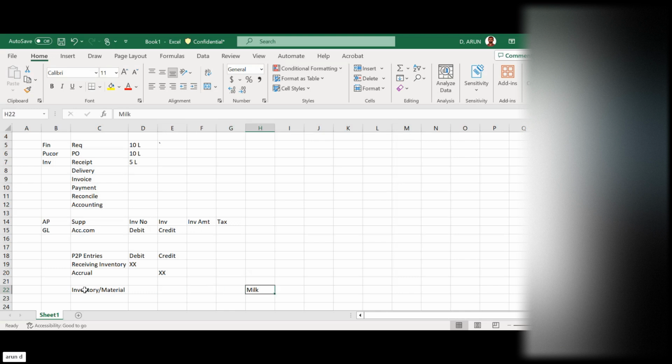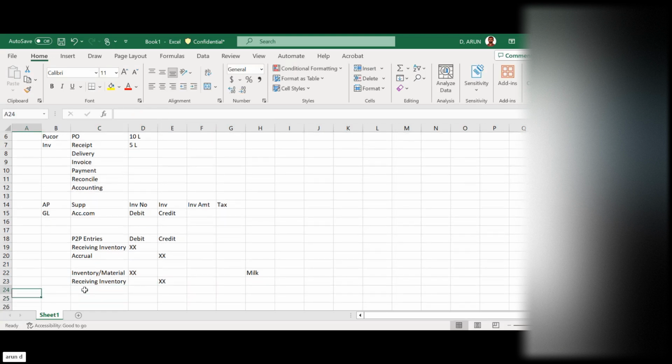For this milk, I'll have a specific material account, which we refer to as the raw material. This would be my debit item, and then I will have my receiving inventory account on the credit side. This would be my second transaction. So let's say this is receipt and this is delivery.